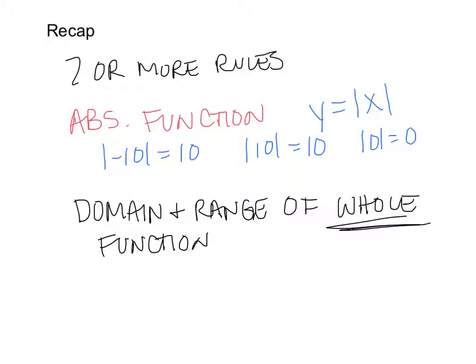And then the last thing I want to remind you about is continuous and discontinuous. So remember, continuous means there are no gaps or breaks. It just continues on. And for discontinuous, there are gaps or breaks in the graph.